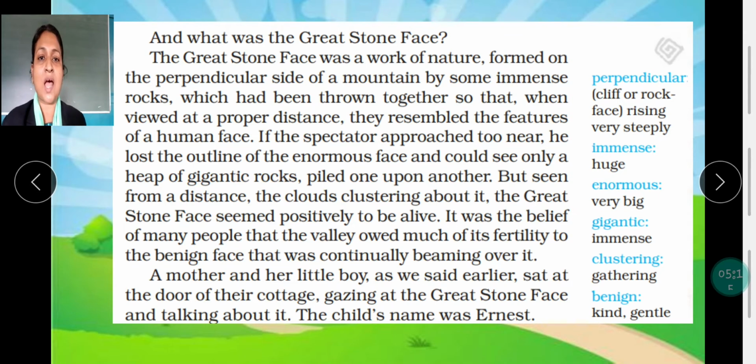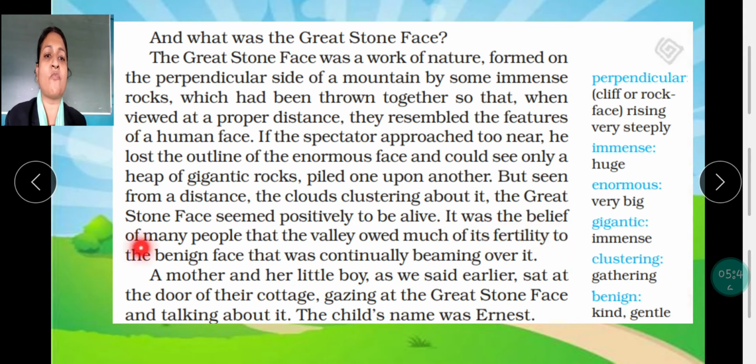During stargazing, you can see the moon also, and many times you say, yeah, this moon resembles some of the faces. So the same thing happened, but when you go closer to it, it's just a structure of rocks piled one upon another. But seen from a distance, the clouds clustering about it, the clouds moving there, the great stone face seemed positively to be alive.